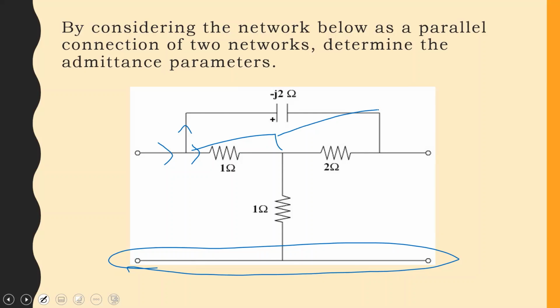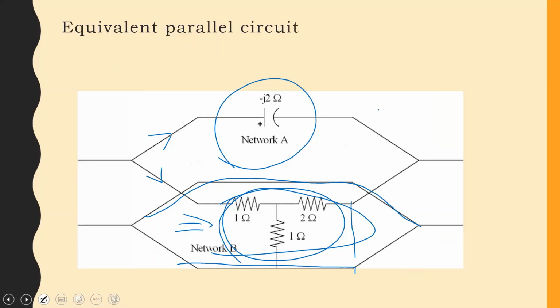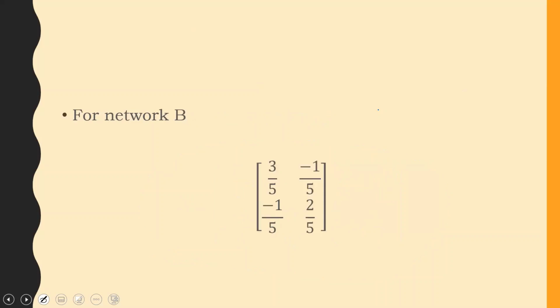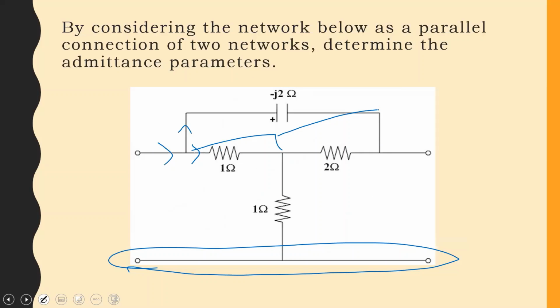So this is where we can put it as a parallel. Or, going back to the original, if I were to make these vertical, and then this node, I'm going to spread it out.